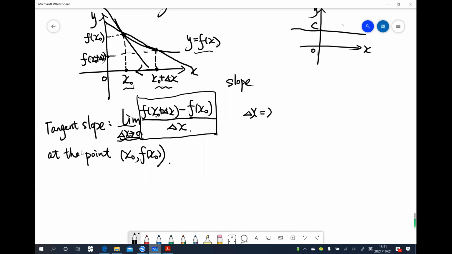here, if I give you a function, f of x equals 1 by x.